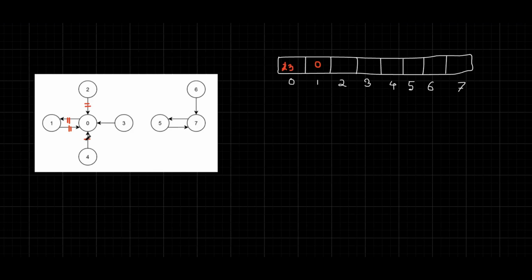Now, for the edge 4 to 0, another edge is pointing to 0, so the summation will be 3 plus 4, which is 7. Now, for the edge 3 to 0, another edge is pointing towards node 0, so the summation will be 10.